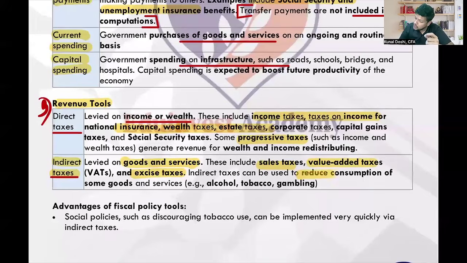It can be used to reduce consumption to ease down the inflation pressure, or sometimes it is called a sin tax on those goods which the government doesn't want you to consume. For example, alcohol, tobacco, or gambling are heavily taxed. Of course, officially they say the intention is to reduce the consumption, but the reality is they know people who are consuming are not going to stop it, and that is the biggest revenue for the government.